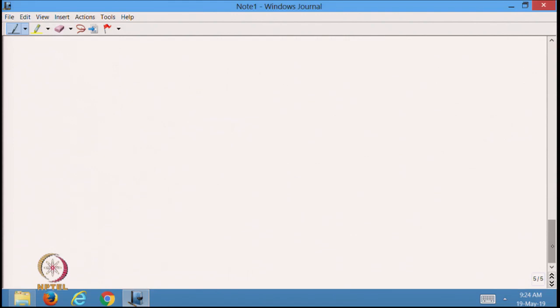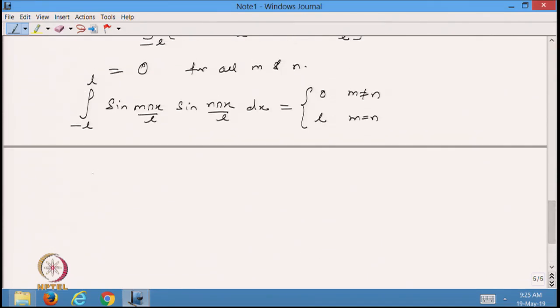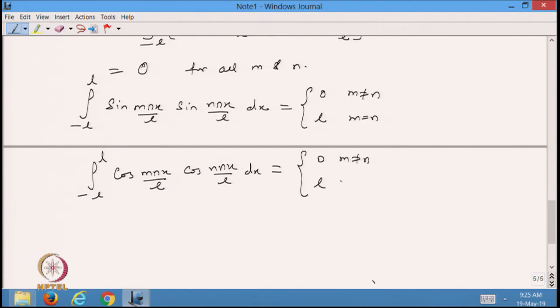Similarly, if I want to define another value, you will see that the integral from minus L to L of cos m pi x by L into cos n pi x by L dx again has value 0 when m is not equal to n, and its value is L when m is equal to n.